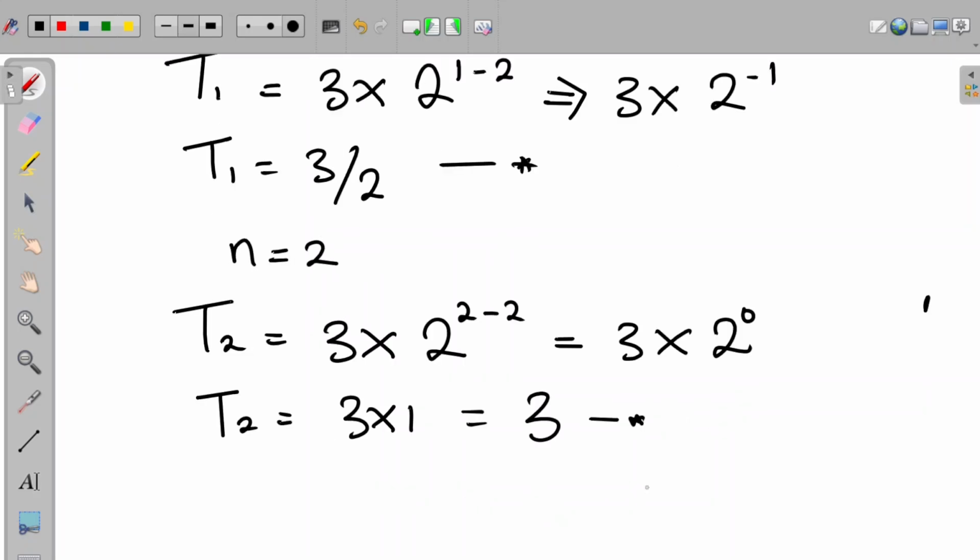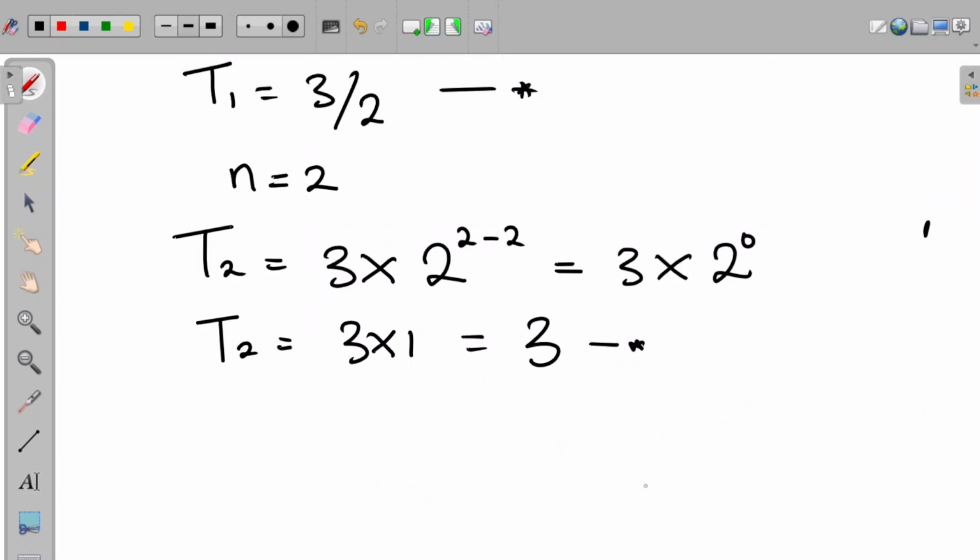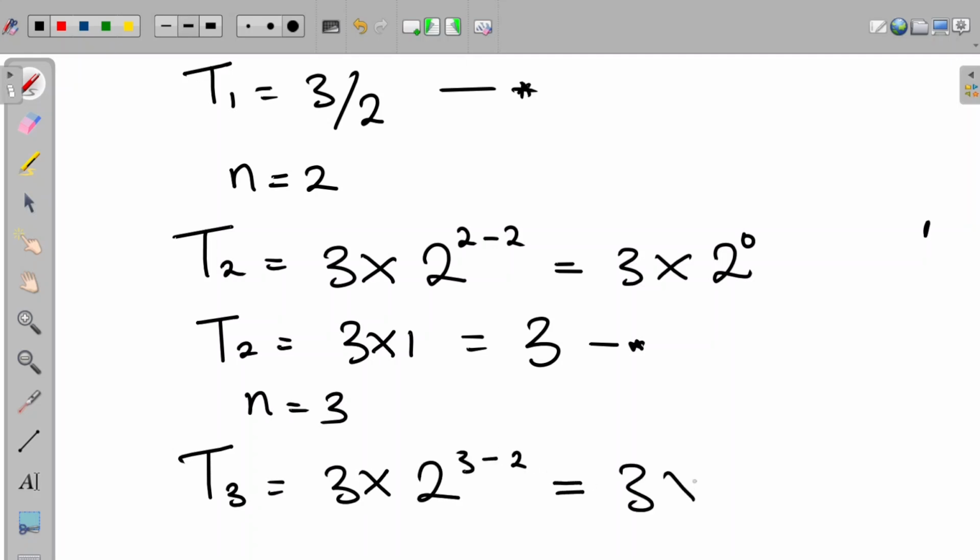And for the third term, n is equal to 3. So we have that t subscript 3 is equal to 3 times 2 to the power of 3 minus 2, which can also be given as 3 times 2 to the power of 1, because 3 minus 2 is 1.